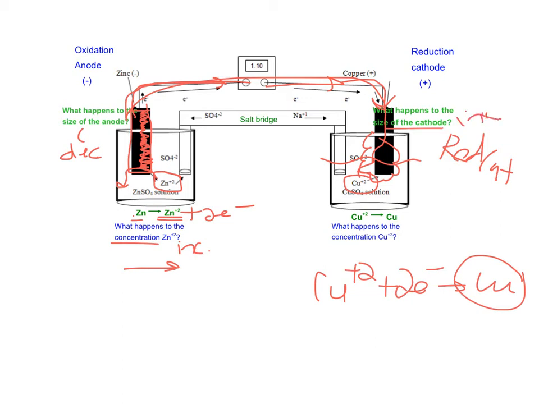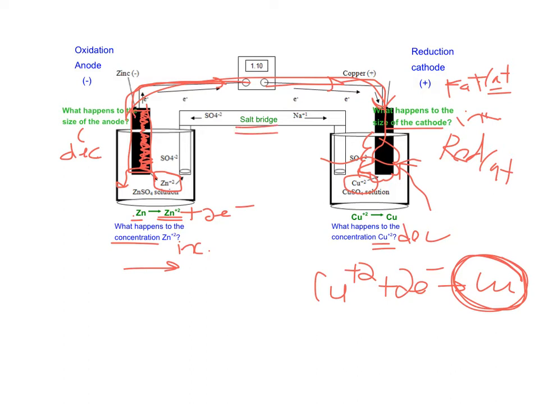That's where I sometimes think about fat cat too, that the cathode is the one that gets bigger because you're producing a metal. And then the copper plus 2 ions will be decreasing, because those are the ions that are becoming the metal at the cathode.